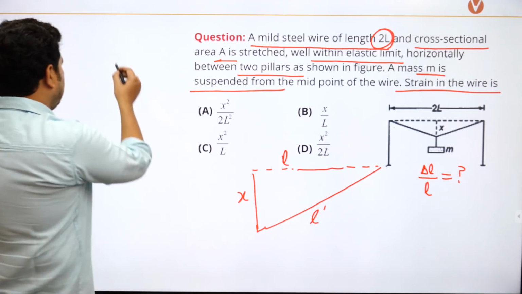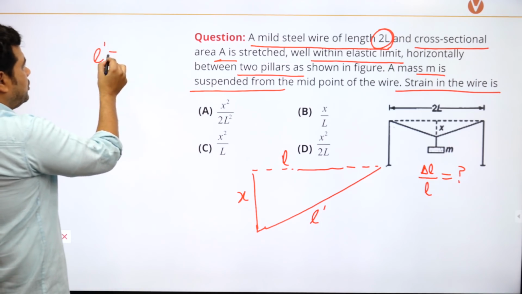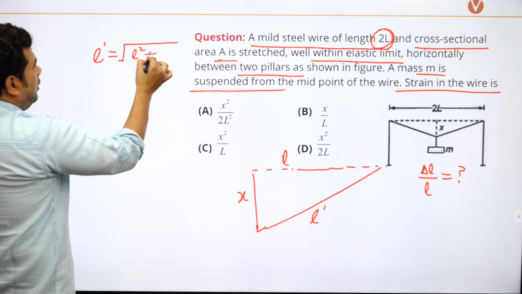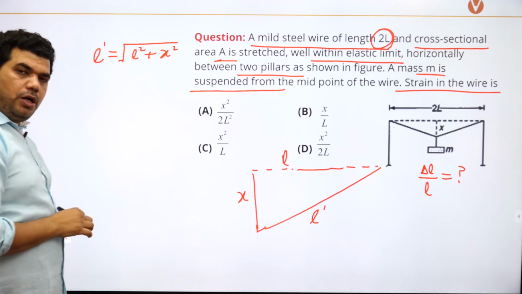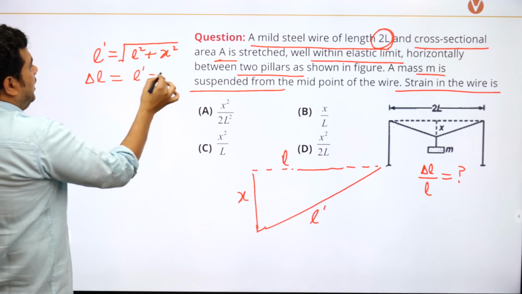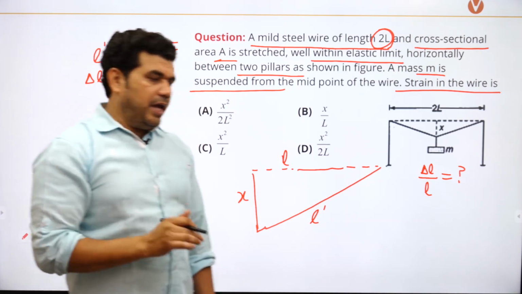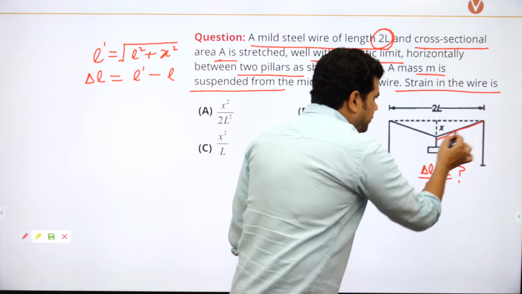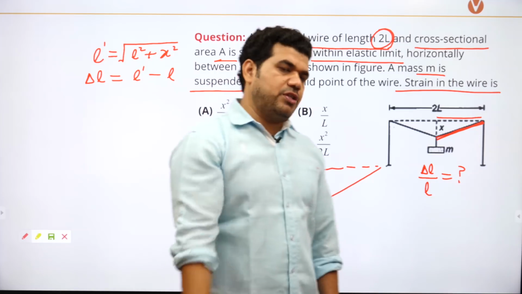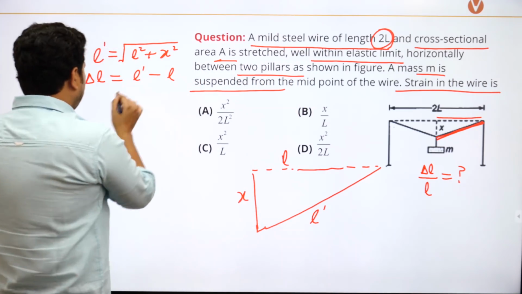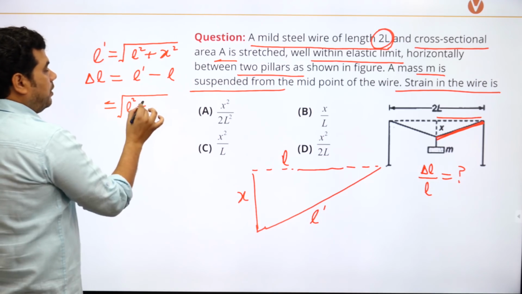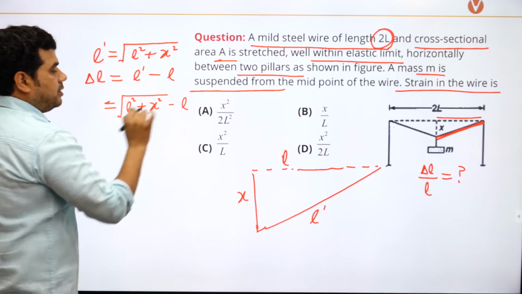L dash is equal to root of L square plus X square. Got it? So what is the change in length? Change in length, my dear students, L dash minus L. L dash is this length, and L is this length. The change in length is the difference of this. So we can put L dash here, root of L square plus X square minus L.